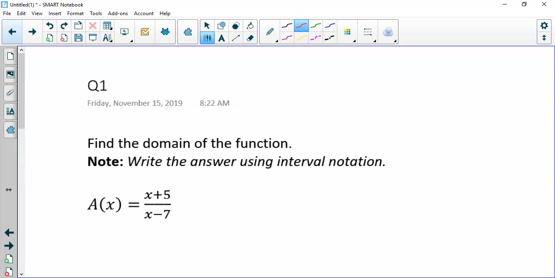So how do we find the domain of a rational? What do we got to do? We are going to be looking for real numbers, absolutely.